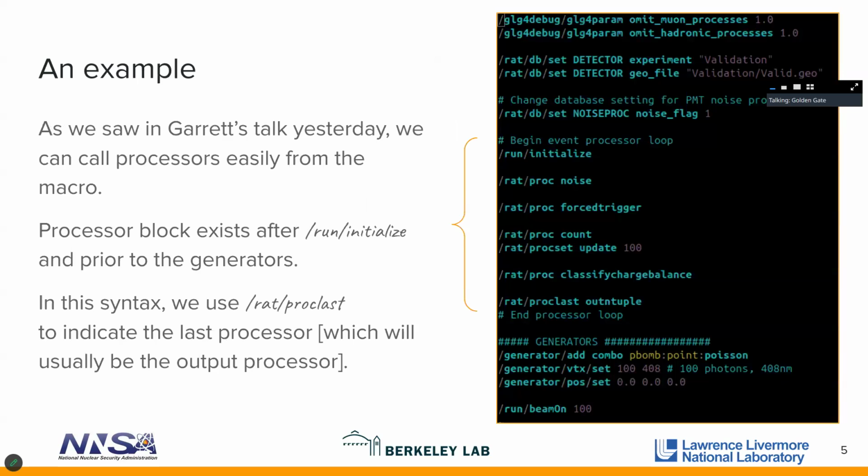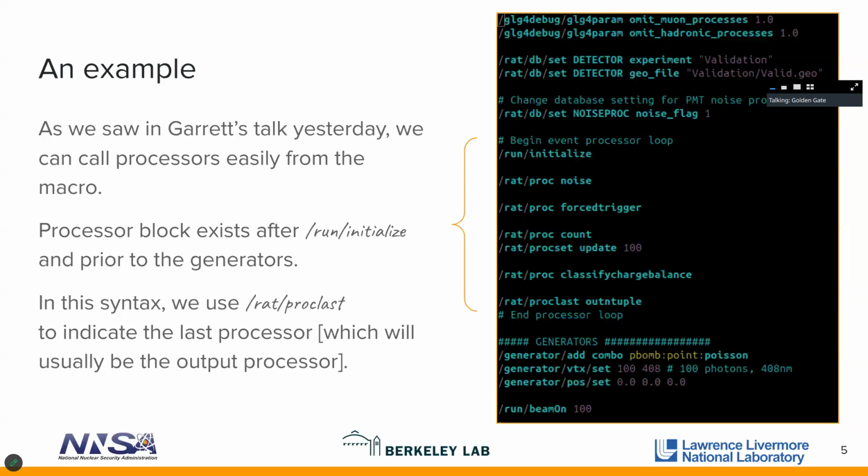Okay, so maybe we can get into an example macro that we'll come back to a couple of times. We saw in Garrett's talk yesterday how the control flow in a macro works. We saw specifically this processor block that starts at the line run initialize, which freezes the loading of parameters and then lets you set up the processors that you want to run.